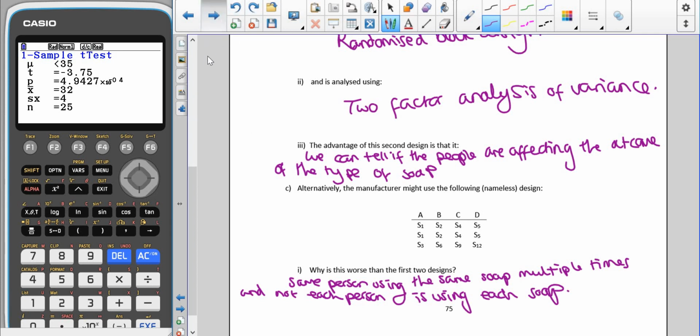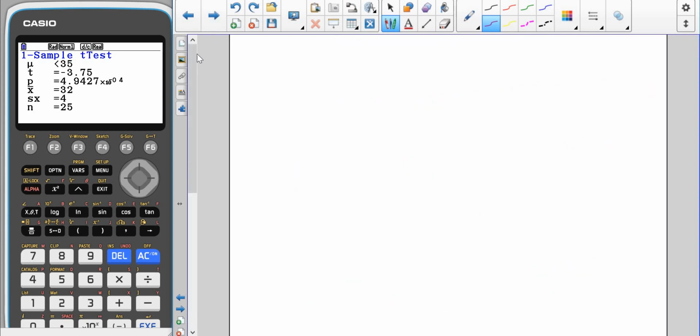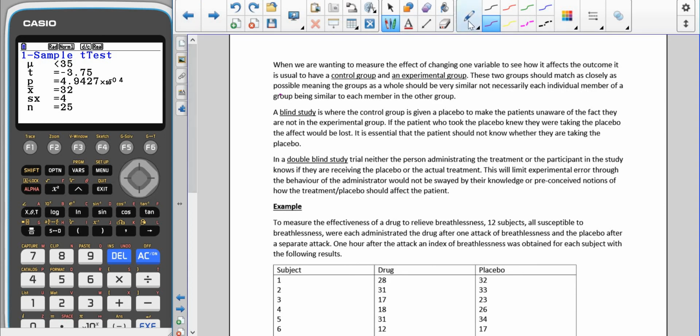So just a little bit more to look at here. It is quite a large section. Again, I apologise for this. So when we are wanting to measure the effect of changing one variable to see how it affects the other, it is usual to have what's called a control group and an experimental group.